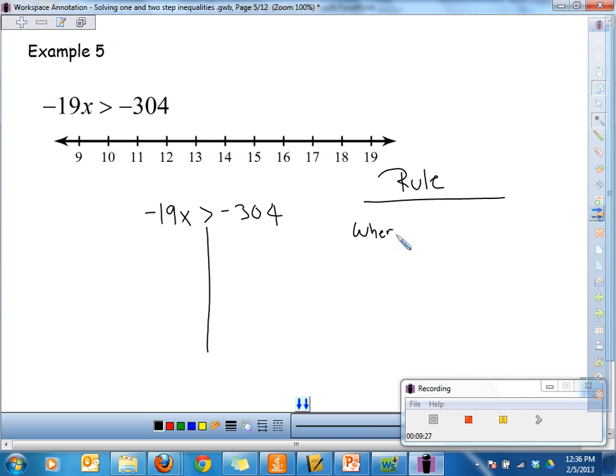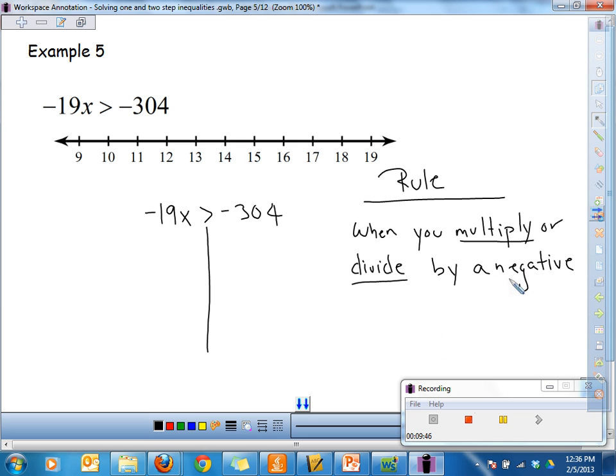When you multiply or divide by a negative, the key word here is by, and we'll talk about it in a second.